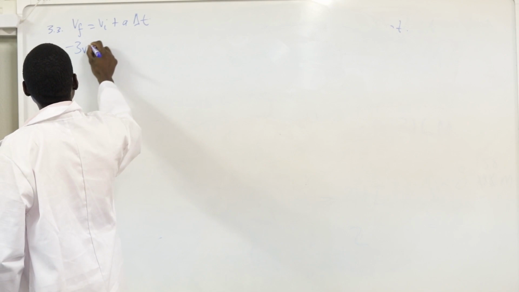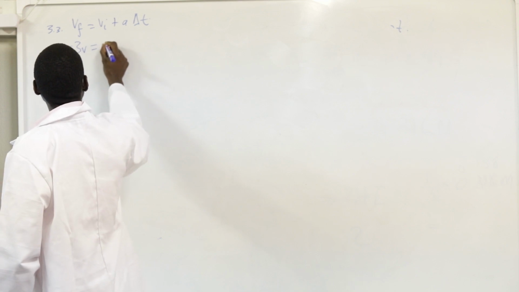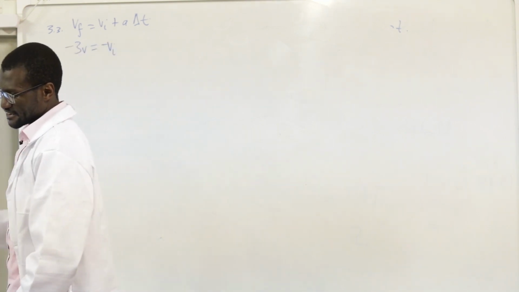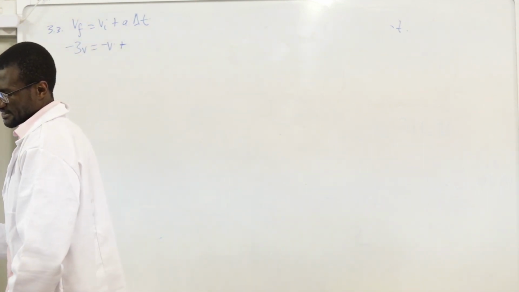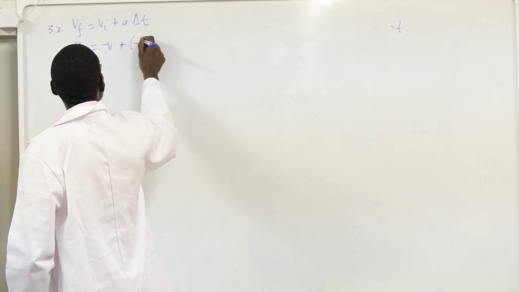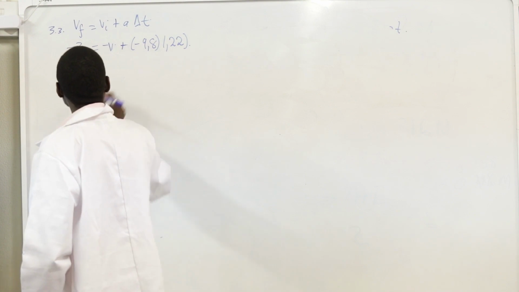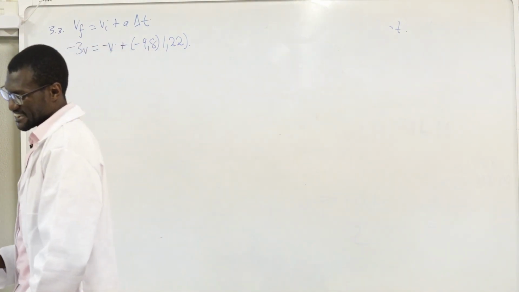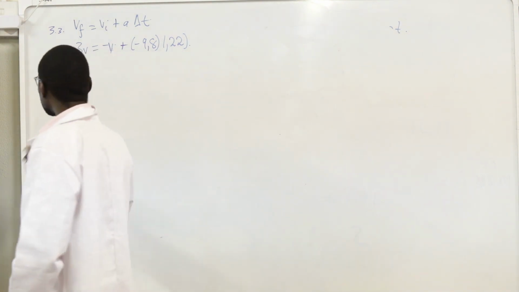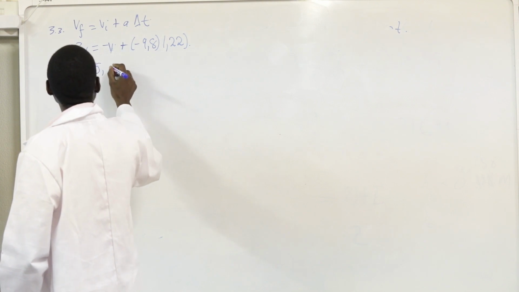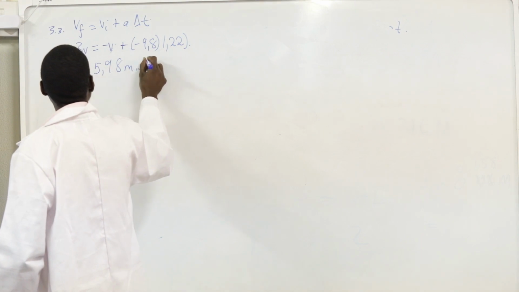If we multiply, minus 3v, right, being equal to minus v plus acceleration of minus 9,8 times 1,22, which is the time taken, we would find that the value of v is equal to 5,98 meters per second.